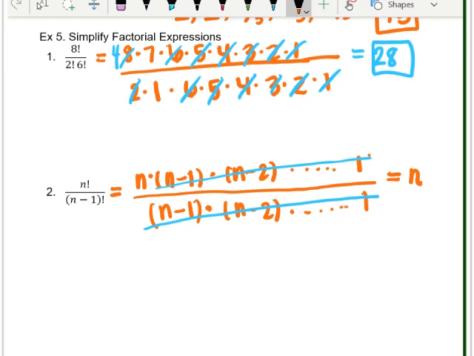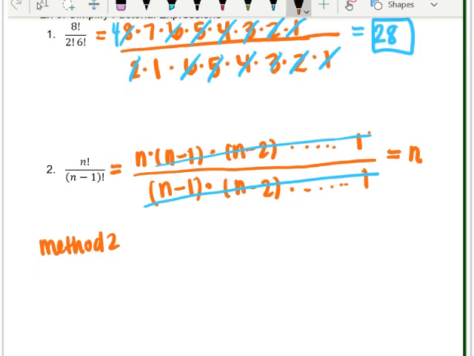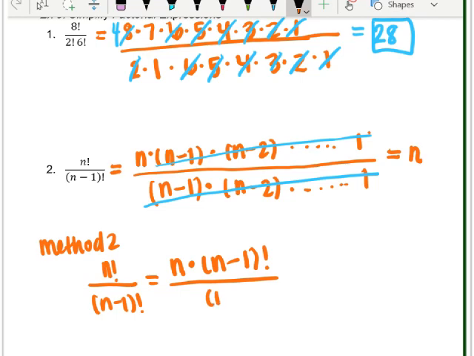An alternative way of doing this, so method 2, would be you could rewrite the top n factorial as n times n minus 1 factorial, and then leave the bottom as n minus 1 factorial, and divide that out, and you get n.